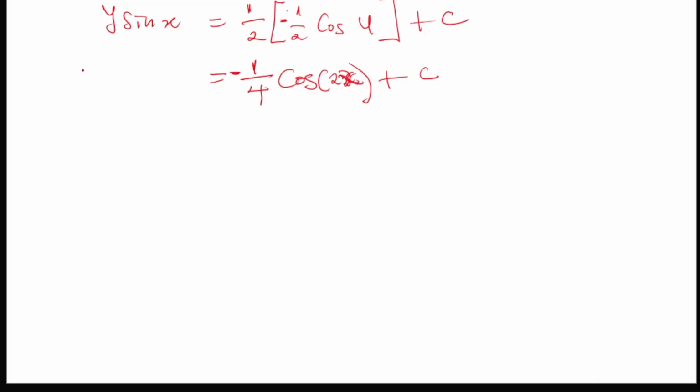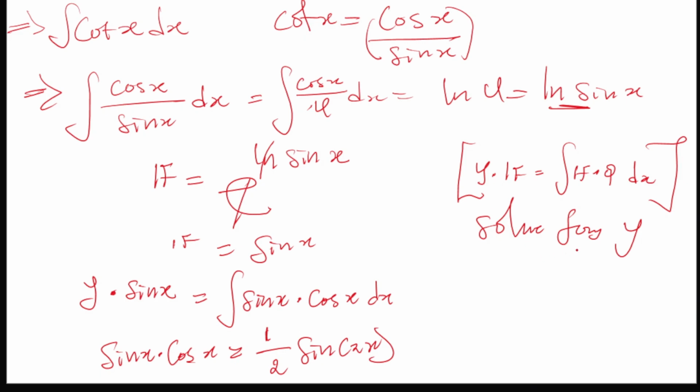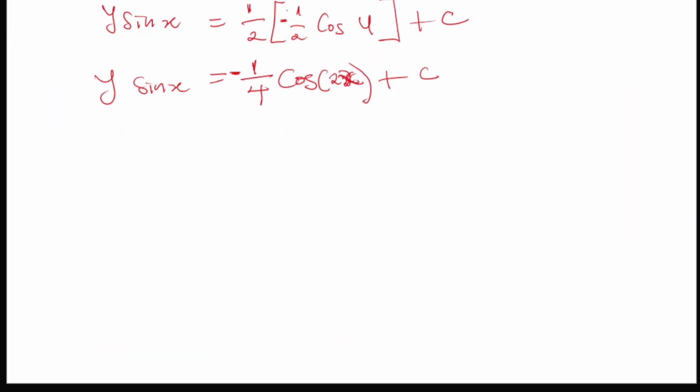Now remember, on the left hand side of your equation, you have y sine x. And our interest is to solve for y. So if you want to solve for y from this equation, we'll simply divide through our equation with sine x.